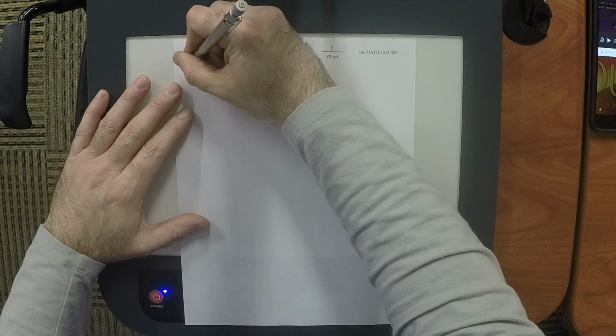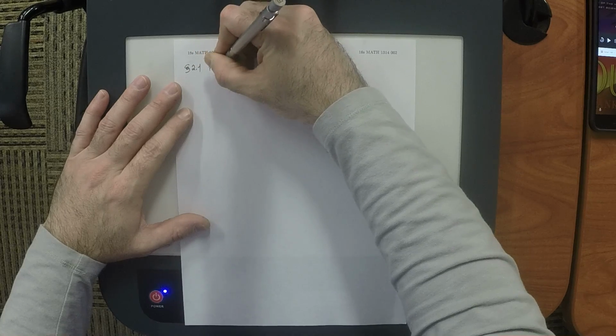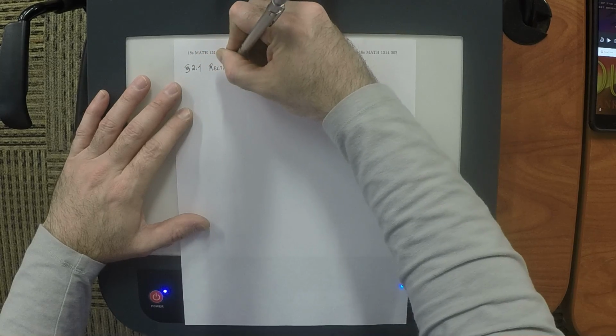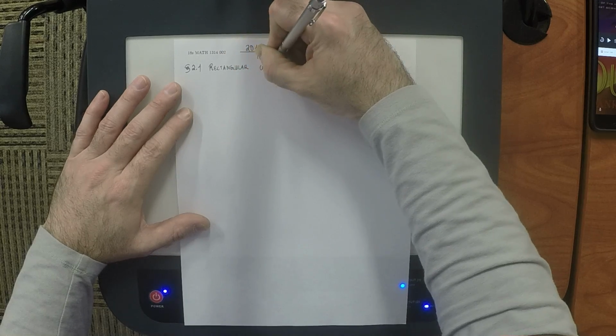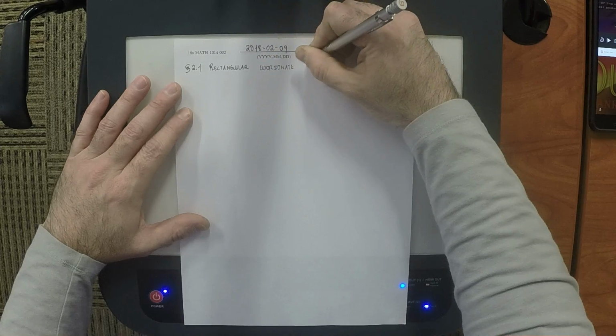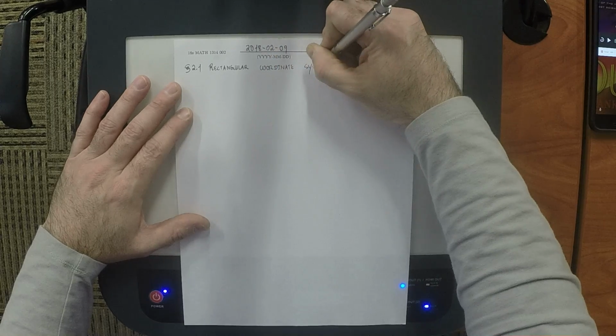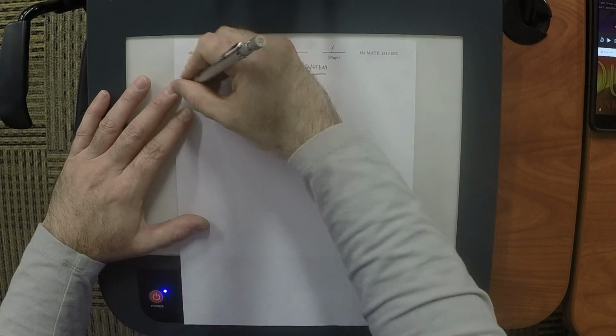It is section 2.1, which is called rectangular coordinate system. Okay.